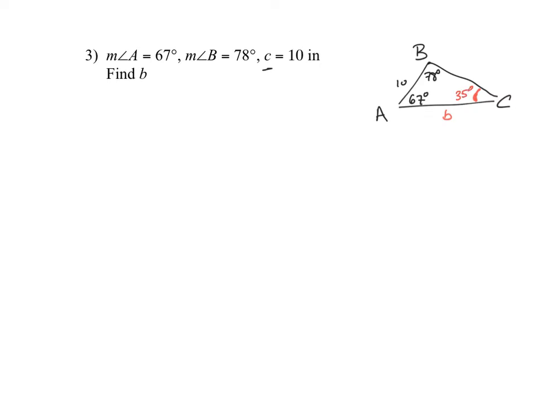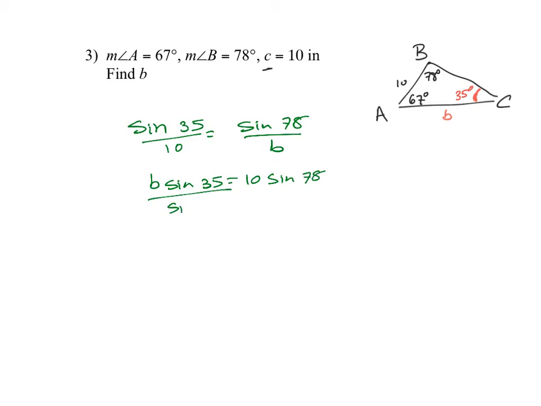So I have sine of 35 divided by 10 equals sine of 78 divided by B. I'm going to cross multiply again. B times sine of 35 equals 10 times sine of 78. And I'm going to divide by sine of 35. So B equals, again going to my calculator, 17.1.